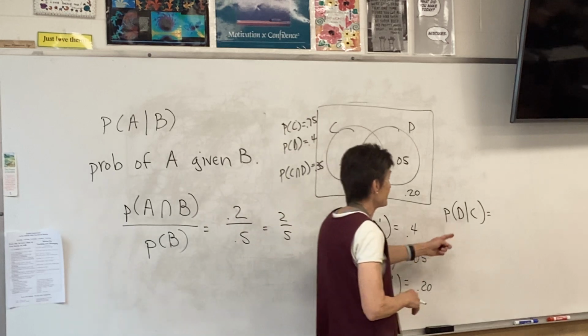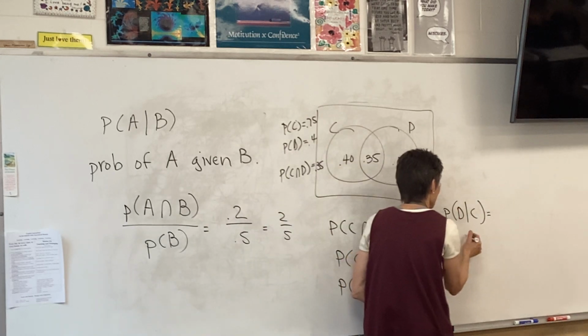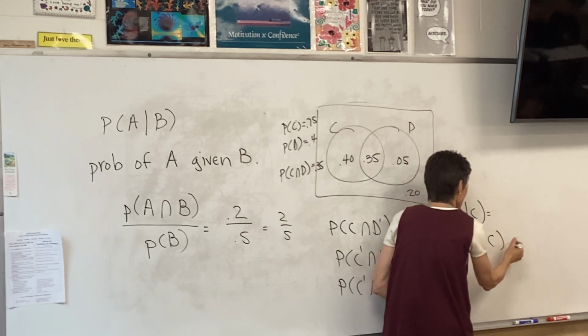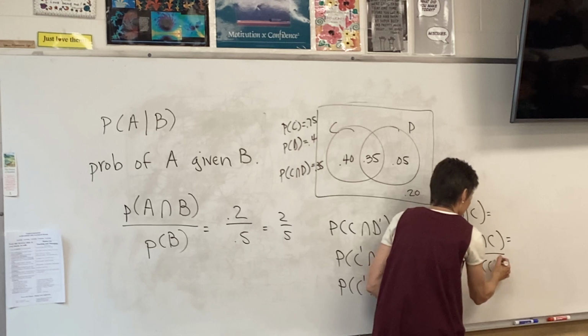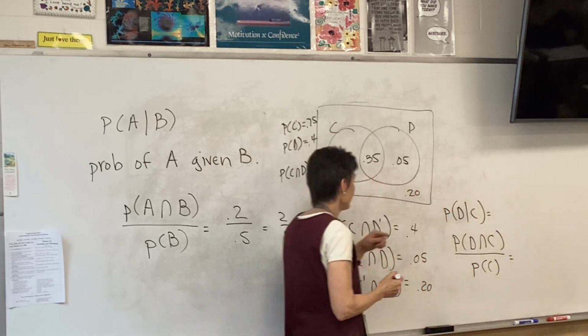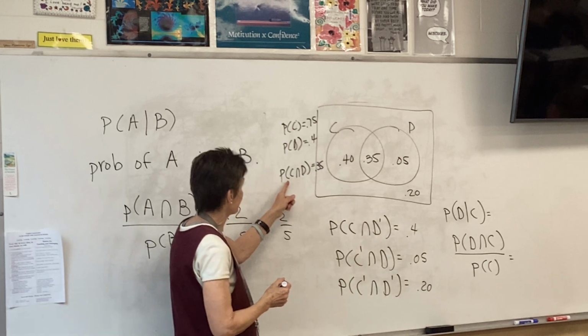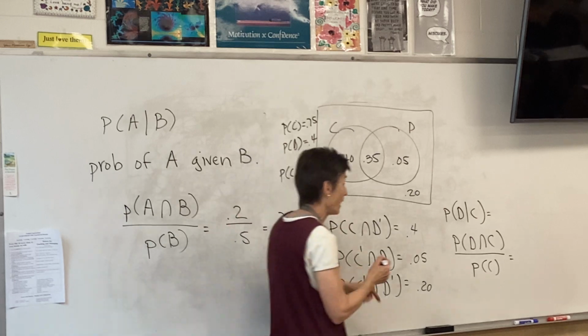The probability of D given C, our formula says that's D and C over the probability of C. Okay, well we know that. What's D and C over C and D? No, it doesn't matter. That is 0.35.